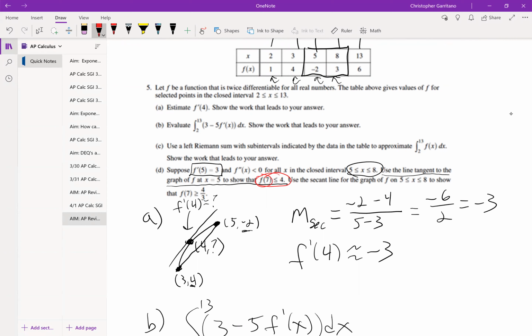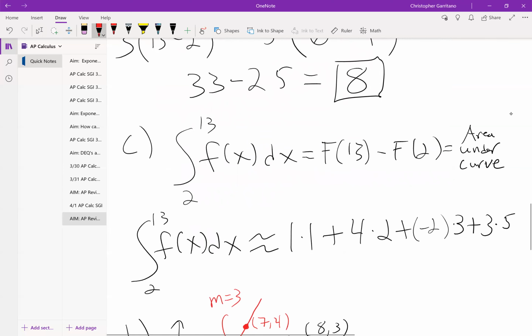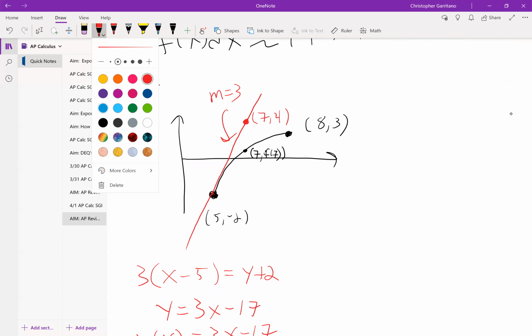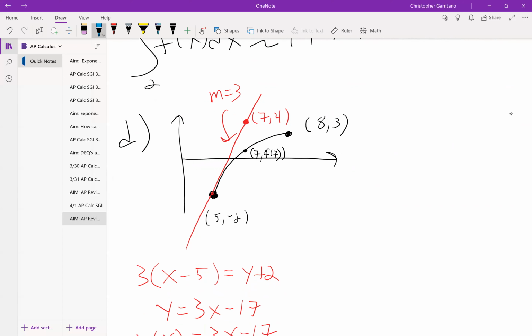Now we just need to do the same thing, but with the secant line of the line segment that connects x equals 5 and x equals 8. So let's go back down here to our diagram. Let's use a blue curve for the secant line. This is going to get a little bit ugly with overlapping values, but it's okay.